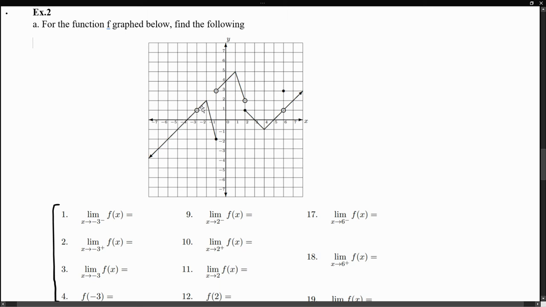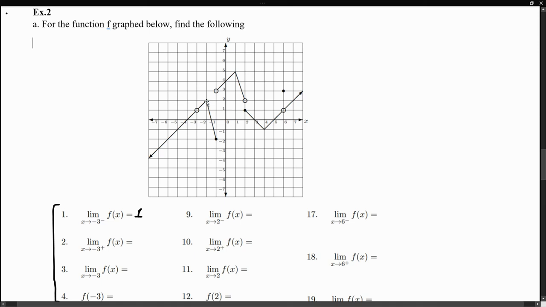So negative 3, it's right here. If I approach negative 3 from the left-hand side, so I'm just writing this wave right here, as I'm getting closer to negative 3, I'm also getting closer to the y value of positive 1. So let's just write that down. So negative 3 from the left is positive 1. So how about negative 3 from the right?